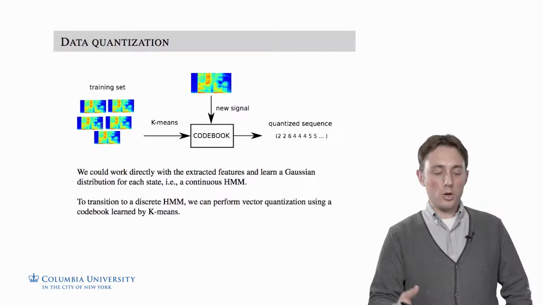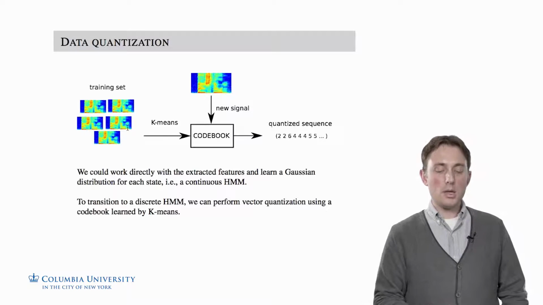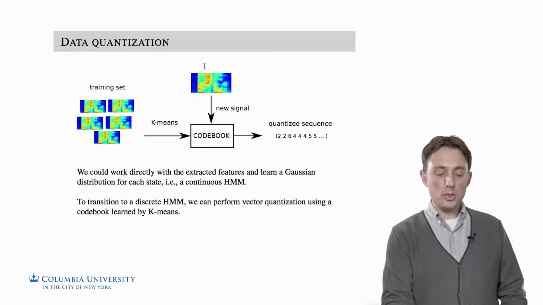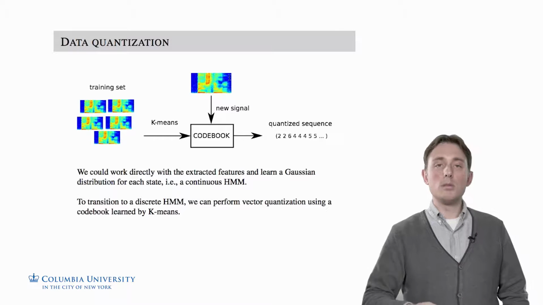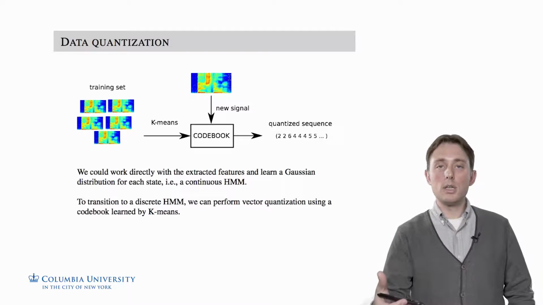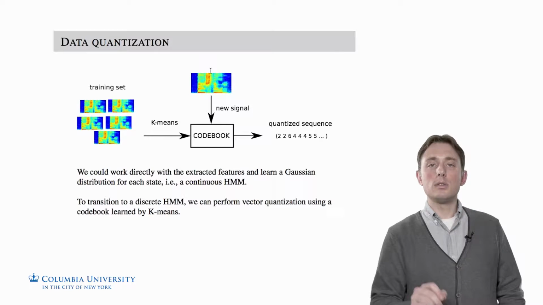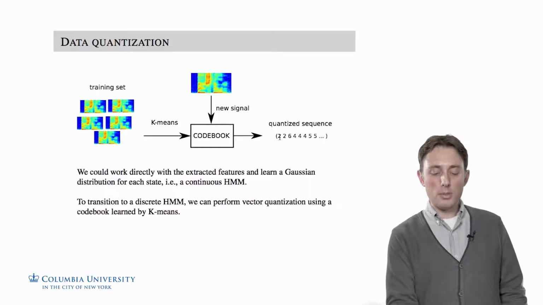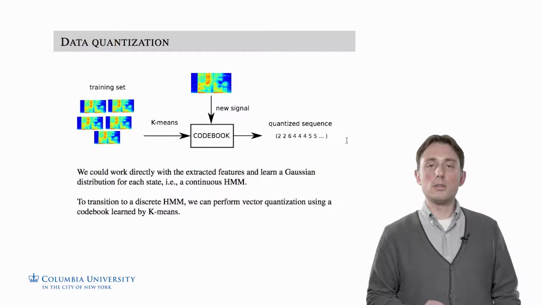So then we learn this codebook, and we represent each of these signals as the sequence of which codes it was assigned to. We learn a codebook, we get a new signal, we quantize each column by assigning each column to the nearest centroid, and then instead of reporting the sequence of d-dimensional continuous vectors, we simply represent this sequence as a sequence of centroids.